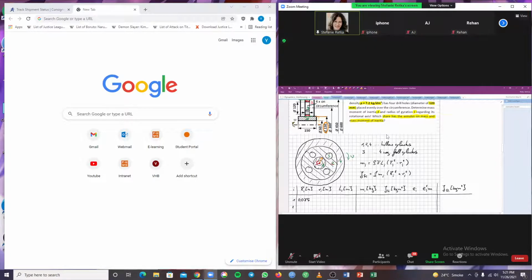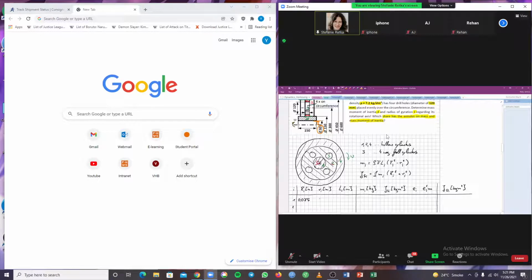Okay, now I erase that. Now for the inner radius. The inner radius is this distance right here. The diameter is given in millimeter, meaning that we have to divide by 2 and convert to meter.